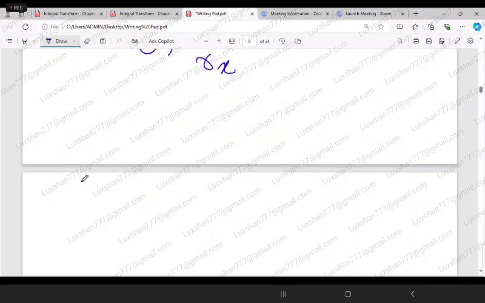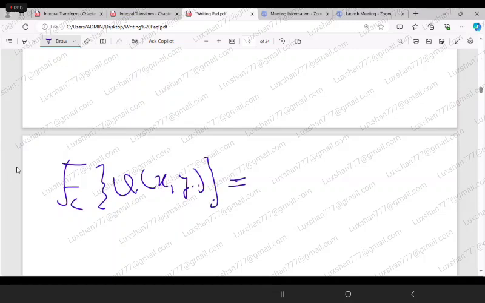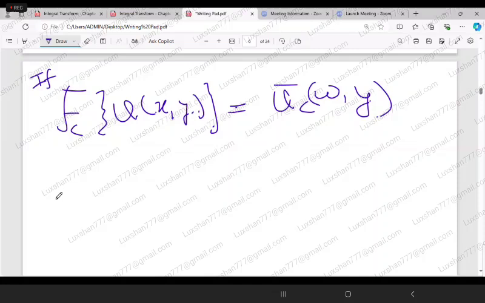Similarly, we can find the Fourier cosine transform. Say the Fourier cosine transform of u(x, y) is ū_c(ω, y). Then we consider the Fourier cosine transform of the second derivative with respect to x.